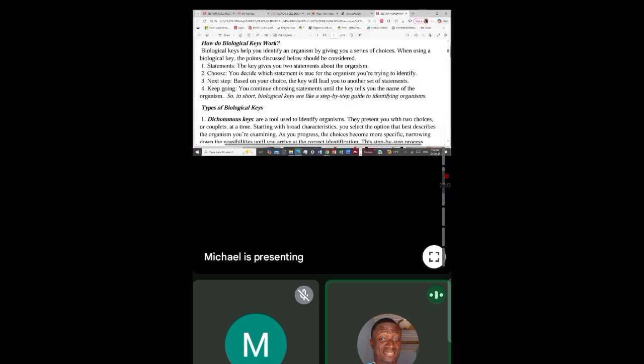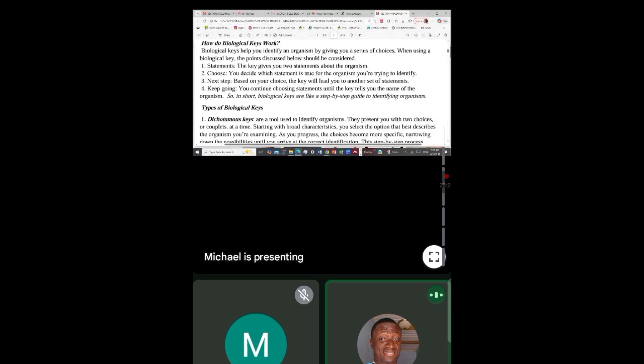After making your choice diligently and correctly, the next step is, based on your choice, the key will lead you to another set of statements. So it has four pairs of legs. Now it has fur on it. So at least we know what we are talking about. Then maybe we talk about a carnivore. It has long-toothed canines.